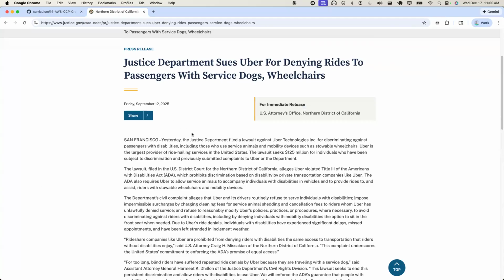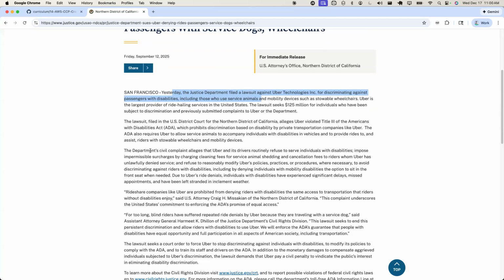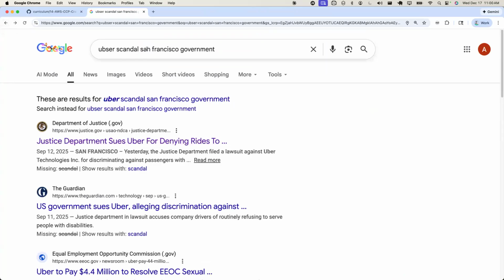It's from looks like earlier this year, but the Justice Department is claiming that Uber discriminated against passengers with disabilities, including those who use service animals. This is not actually the one I was looking for. Uber, they've done a lot of stuff like this. This doesn't directly relate to governance, though it does touch on other important things.